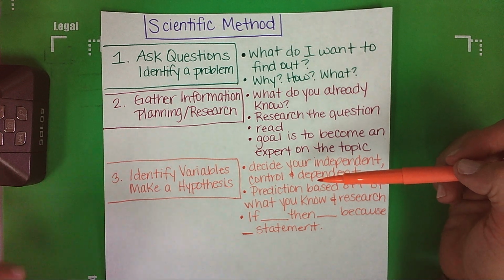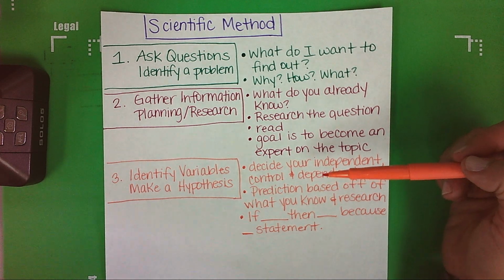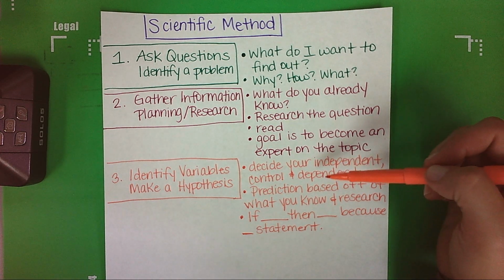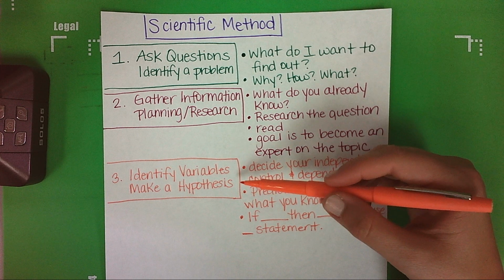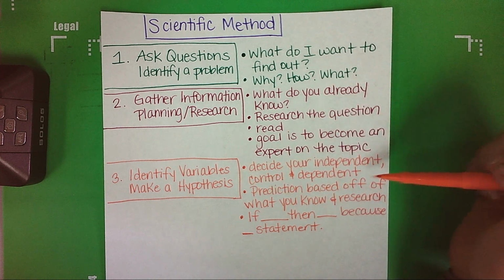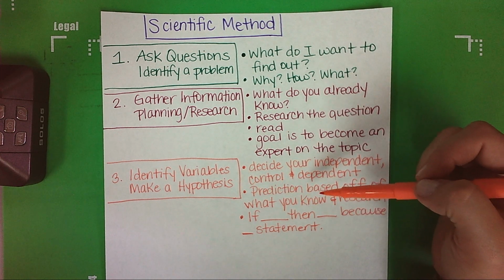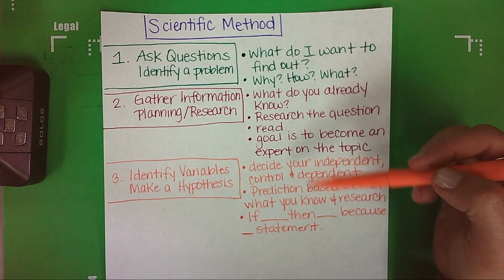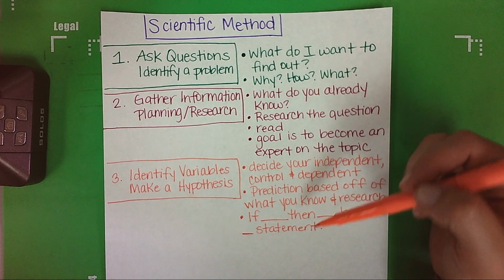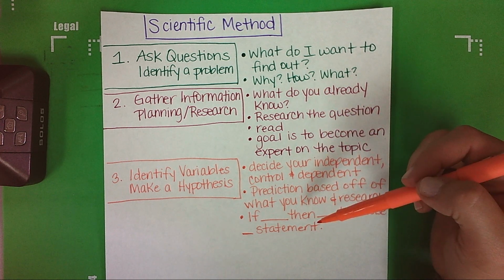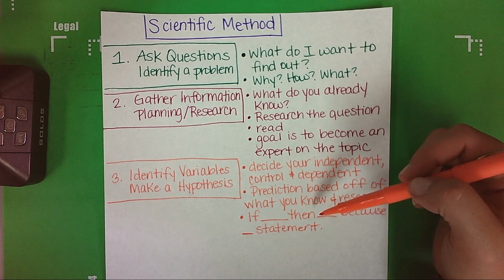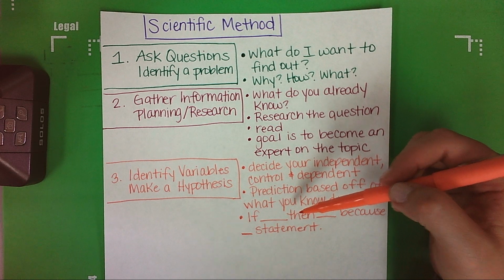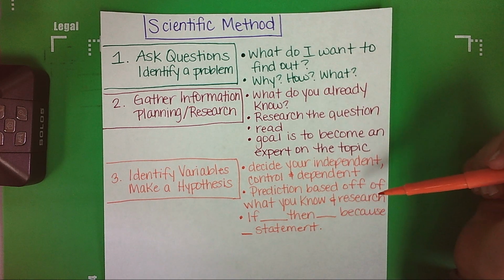Things that are going to remain constant, and then we're going to have one that's just going to have normal conditions, okay? So your prediction is your hypothesis, and it's going to be based off of the research and what you already know. Then you're going to set it up. Scientists do not talk in first person, so that's why you would not say, I think that the plants will grow higher.